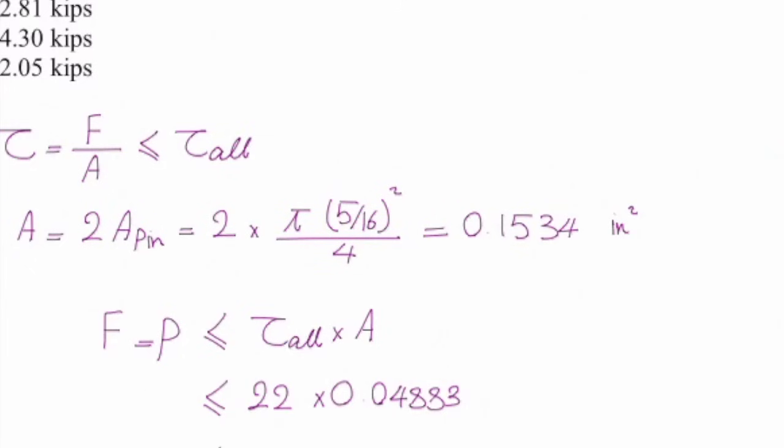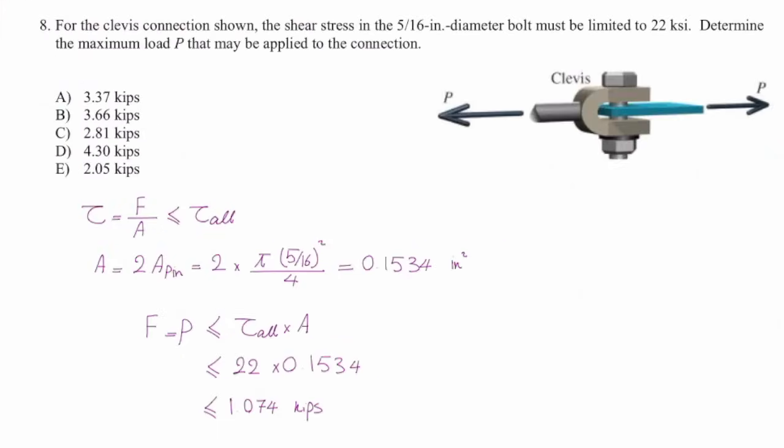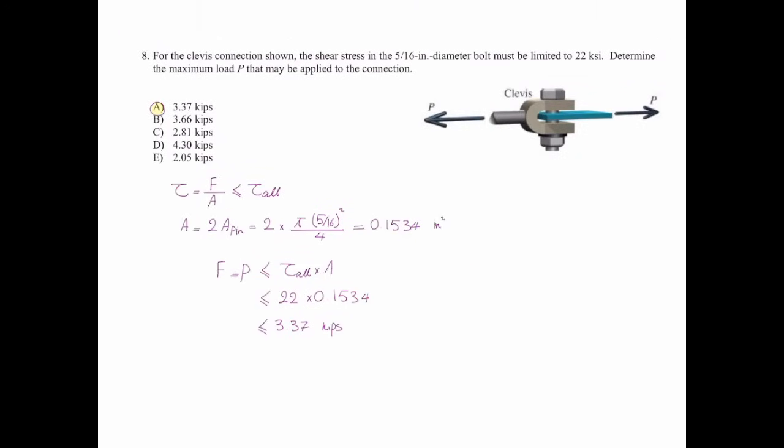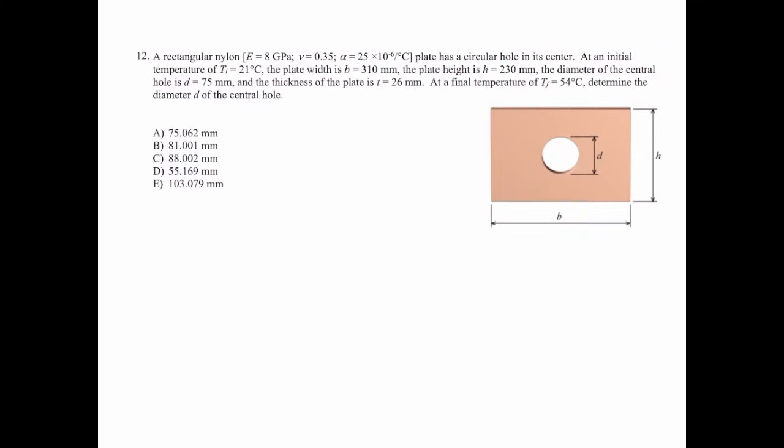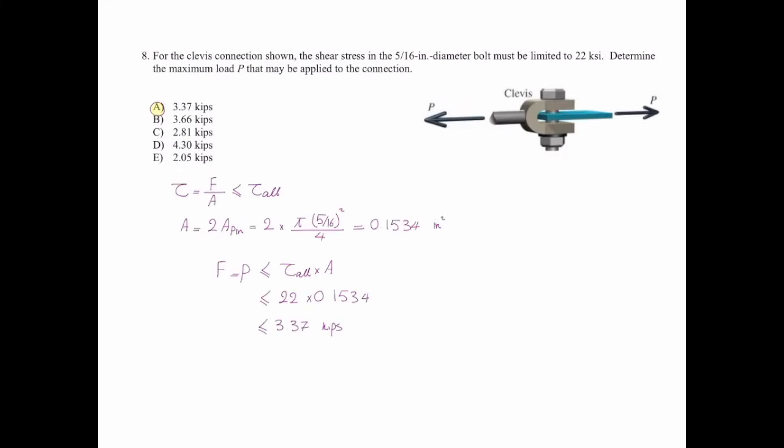All right. And the final answer is 3.37, which, yes, we have it here. So that is the answer. Okay. Any question about that? 22 KSI, if I multiply that by squared inch, that gives me kips. So I can work with that.